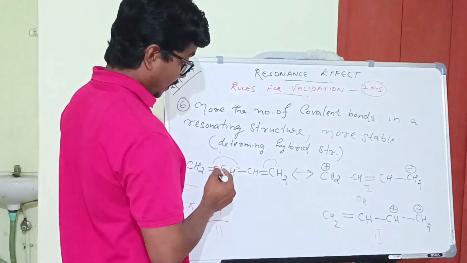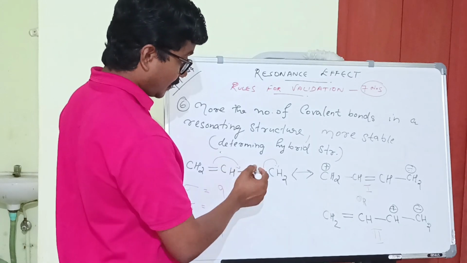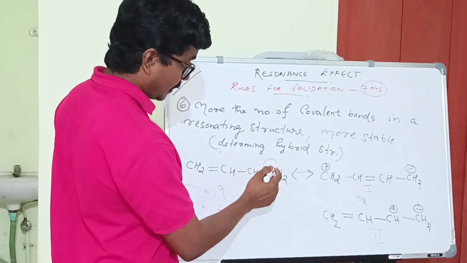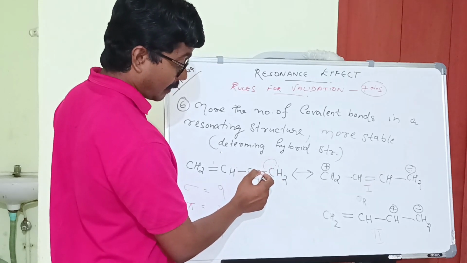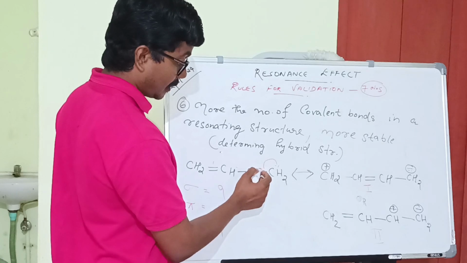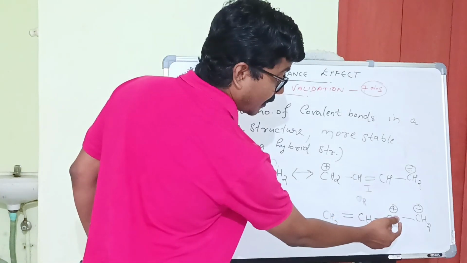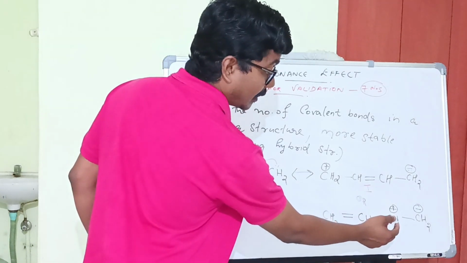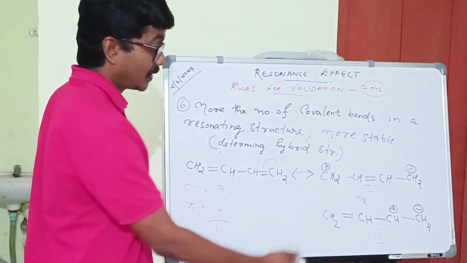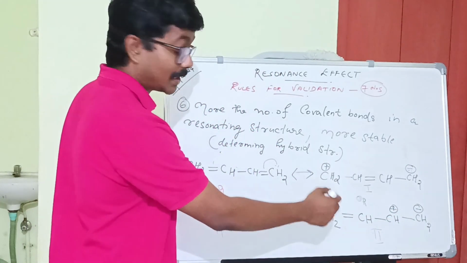Or else, suppose, what is going to happen? The first double bond will move to here, and the positive charge comes to one of the middle carbon atoms and the negative charge on the second carbon atom.